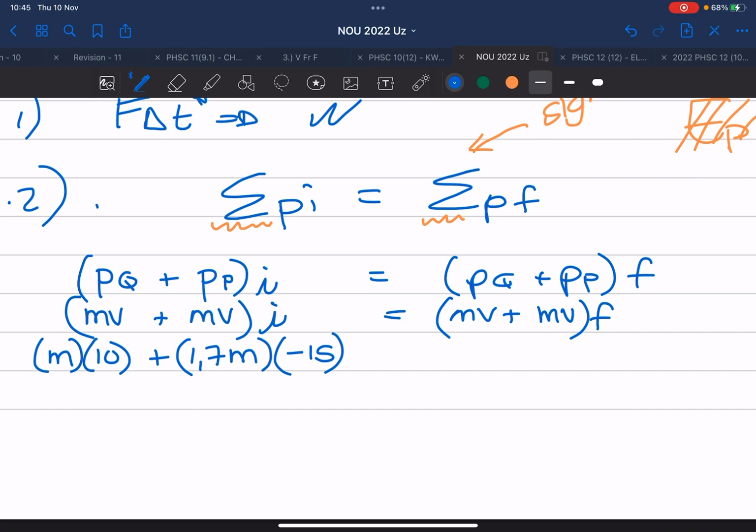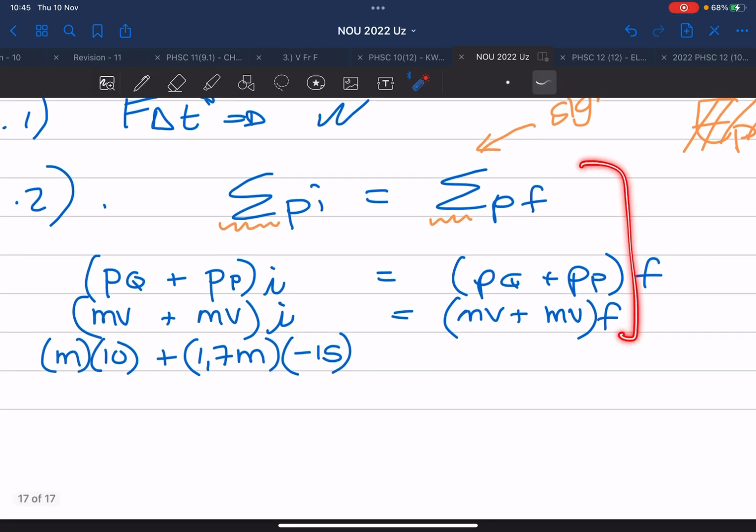So we can choose between which one, the MV plus MV or the P. Yes, you will not get a mark for each one, you'll get a mark for anyone, but just write down the, don't write a half mv squared.